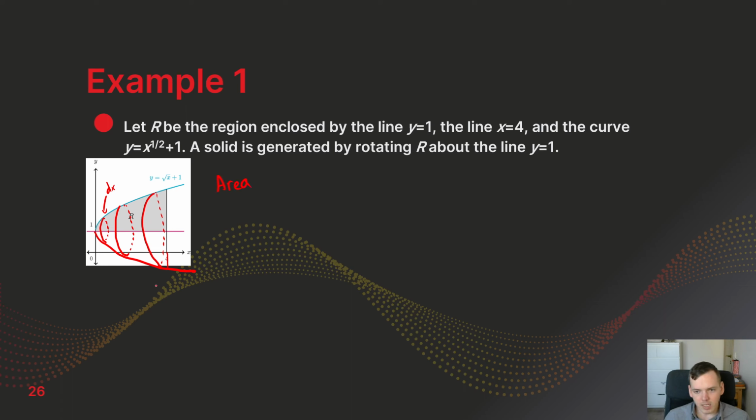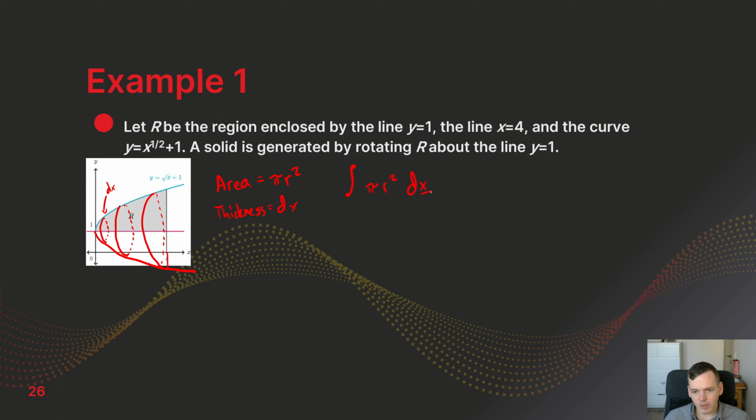If we're rotating it in a circle, we know that our area is going to be pi r squared. And we know that our thickness, again, is dx. So my integral is pi r squared times dx.